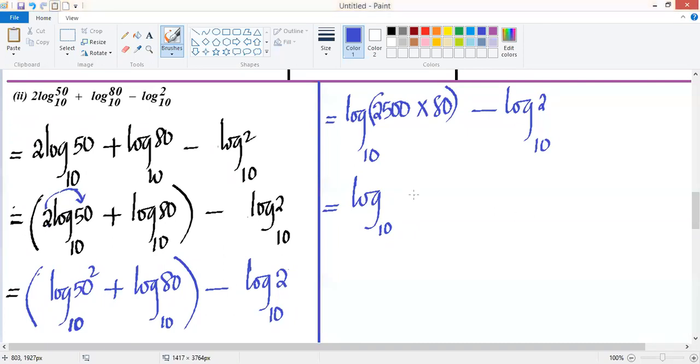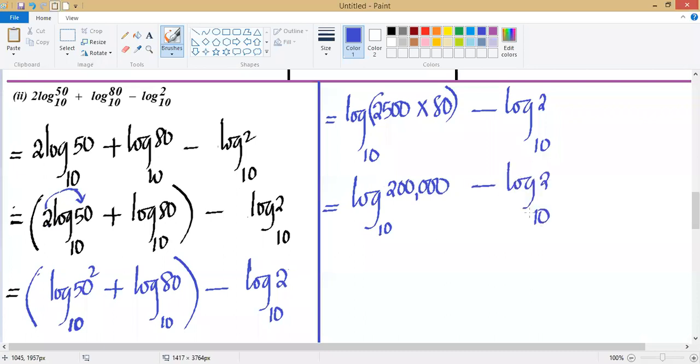Has someone computed that product? It's 200,000. Yes, minus the log of 2 base 10. What should be the next step there, class?